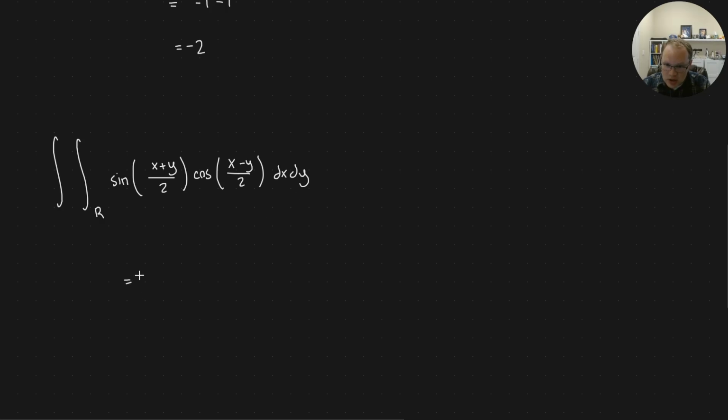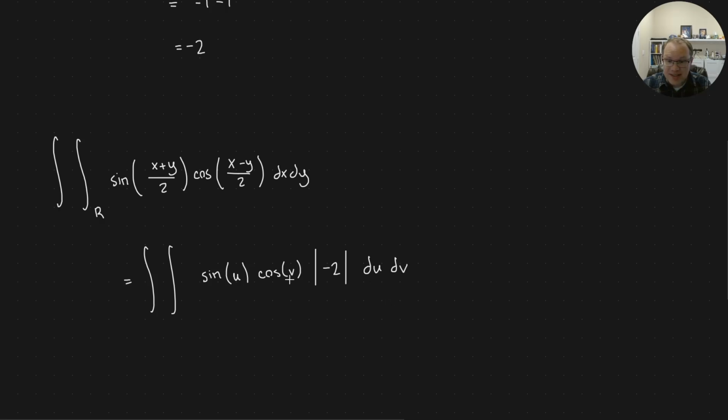We're changing this to an integral over u and v. So we get sine of (x plus y over 2), that was u. Cosine of (x minus y over 2), that will be cosine of v. And we're going to get the absolute value of that Jacobian determinant of negative 2 that we calculated.